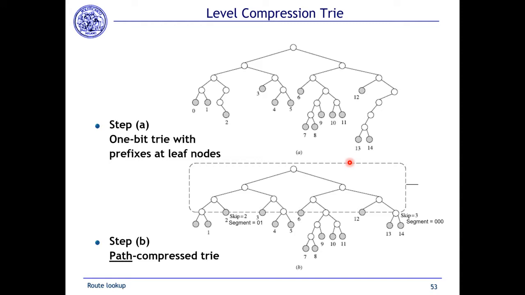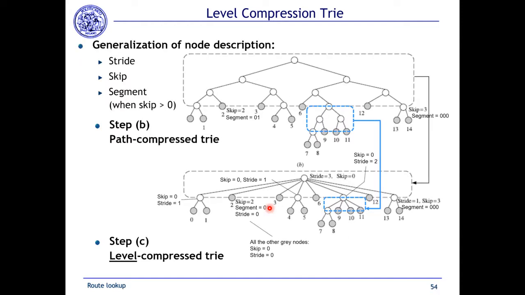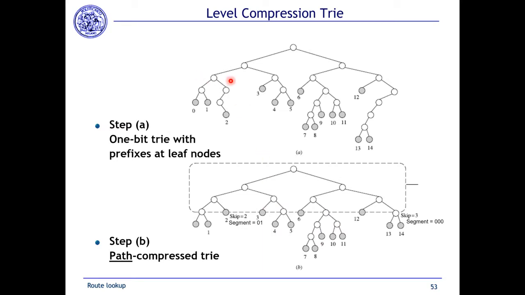And the trick is to do this path compression so that you have at the beginning a subtree of nodes that are all white. Okay. So in this case, for example, you can compress here this chain. Okay. So you have skip 2 and segment 0, 1.